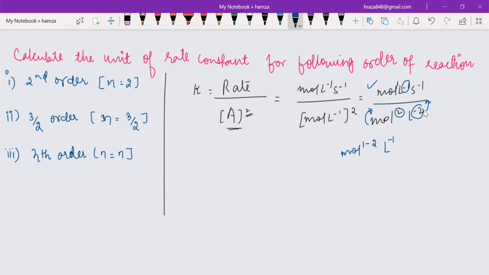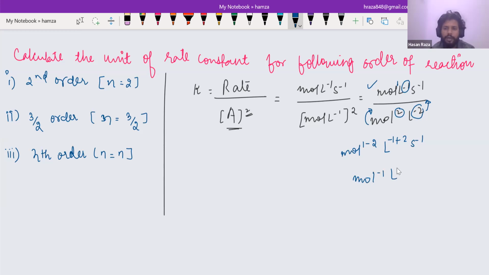When it moves up, minus minus becomes plus, so there will be +2, and per second stays as it is. Then you will get mole raised to the power -1, liter raised to the power 1, and per second. This is the unit per mole liter per second, which is the unit of rate constant for a second order reaction.